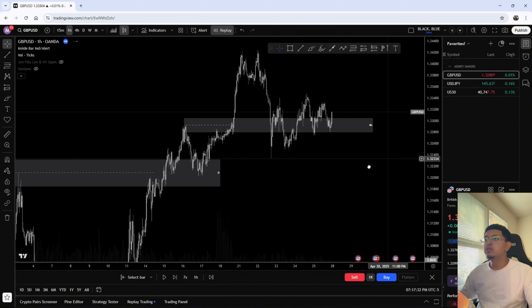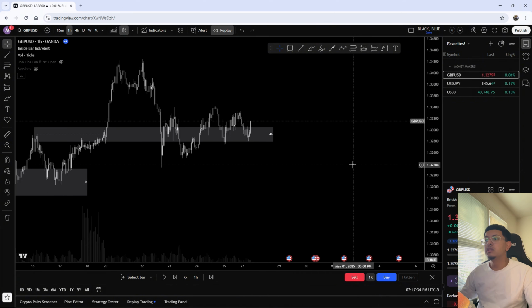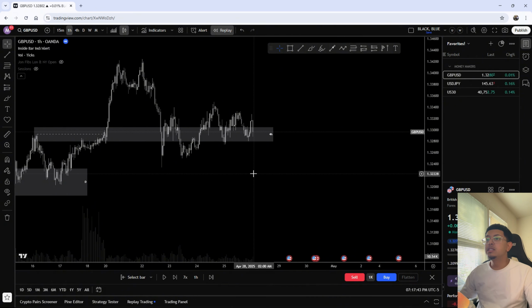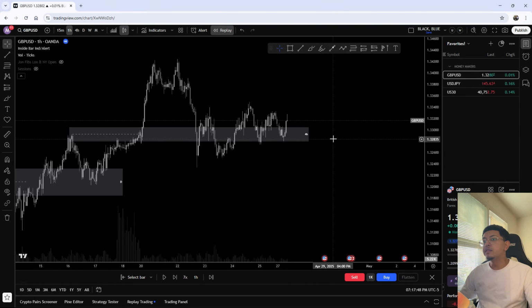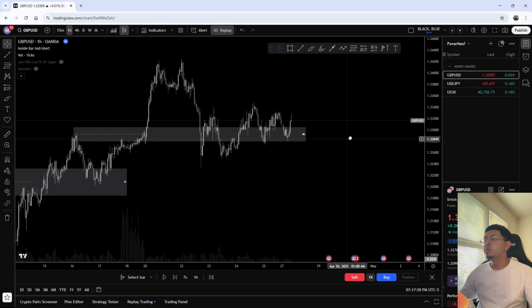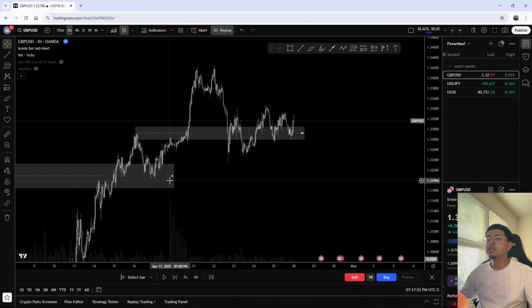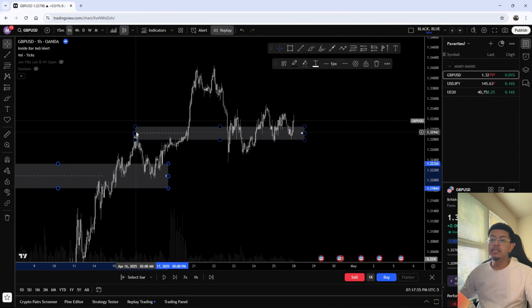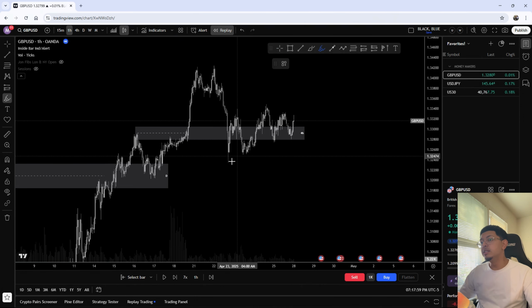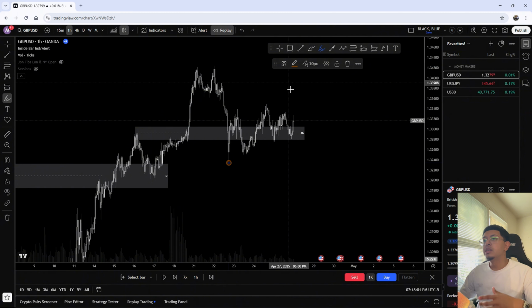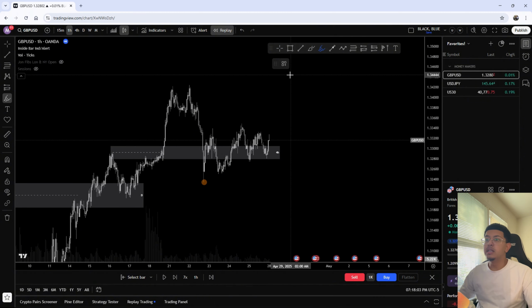Okay, and so we marked up this 4-hour zone. It's 12 a.m. right now, my bad. So we get this little reaction. Let me go back. We get this reaction off the 4-hour support level, coming into the daily zone, pushing off, creating a higher high, and anticipating a higher low, and to potentially anticipate a higher high.